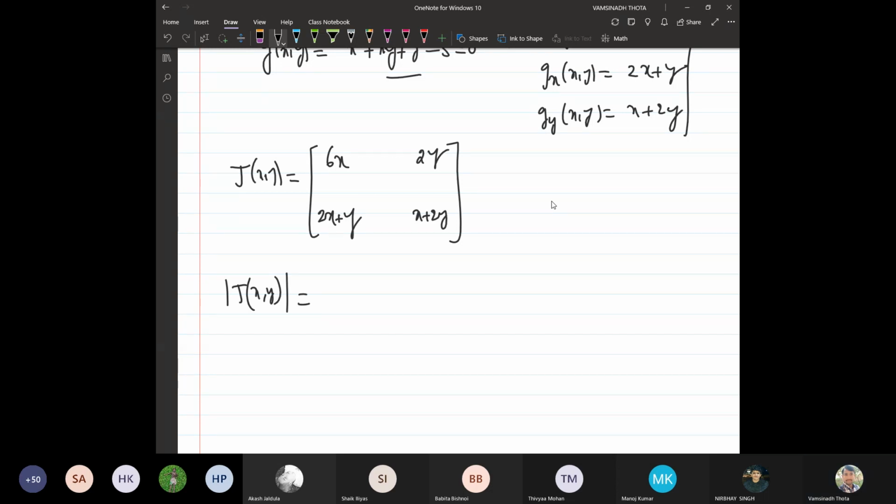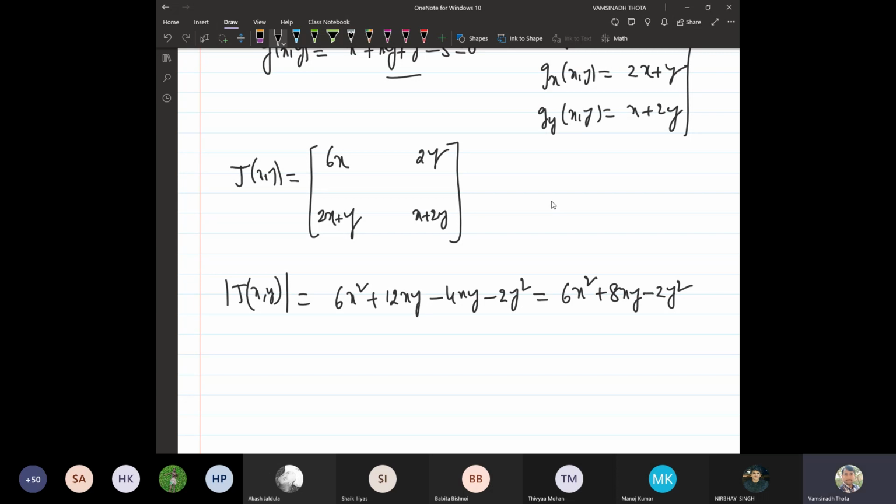The determinant is 6 into x square plus 12xy minus 4xy minus 2y square. So that is equal to 6 times x square plus 8 times xy minus 2 times y square.